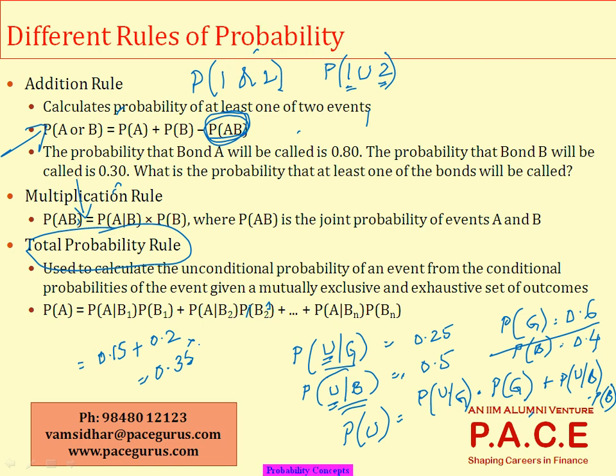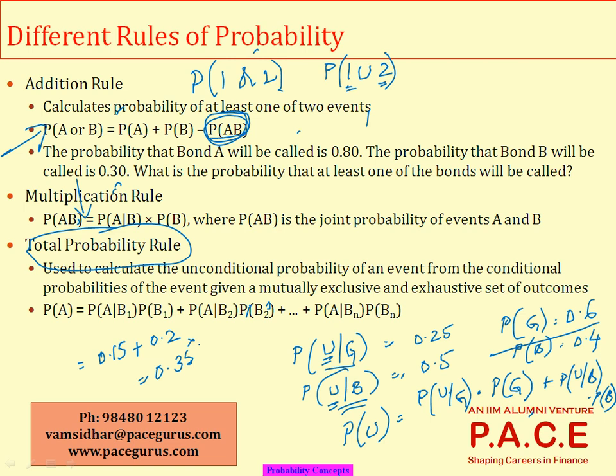So wherever we have the possibility of multiple conditional probabilities coming up, under different scenarios, different probabilities for the same event are cropping up, if I want to find out the unconditional probability of that specific event, I will depend on this total probability rule. So we have to be comfortable. You can practice some of the numericals which are given.